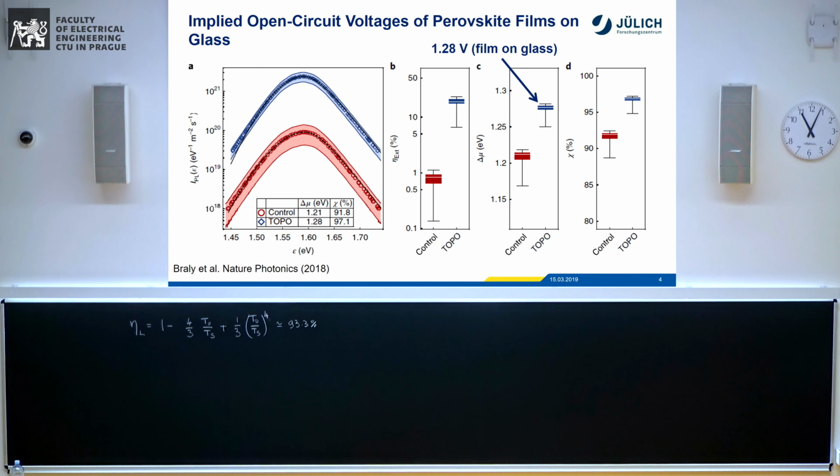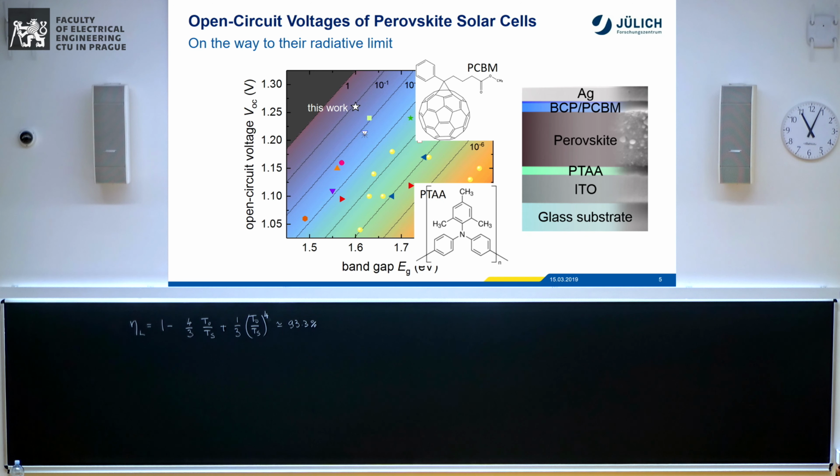The problem was only that this was not a device. TOPO is not a conducting molecule, so you can't easily make a solar cell out of this. So the task was then obviously to keep the general idea of having these high quality bulk perovskite layers, and then try to find contact layers that allow charge extraction but keep the high quasi-Fermi level splitting.